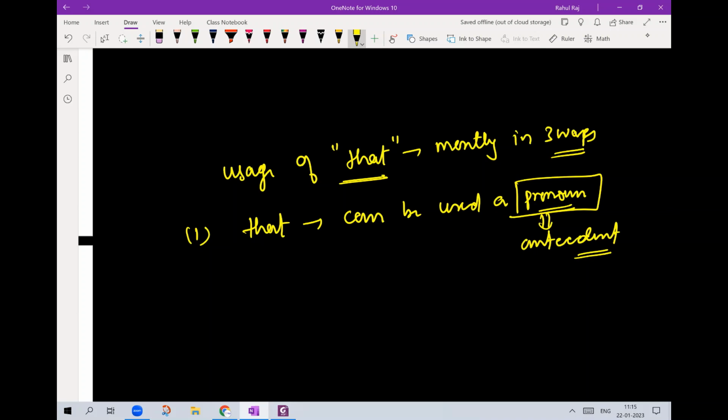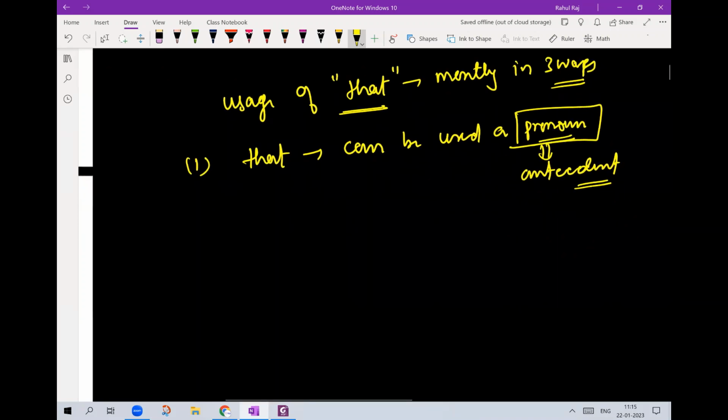So please ensure, imagine when I say, Rahul and Rohit are moving in the park and he seems to be very smart. Rohit can be a friend of yours, and you are trying to say that Rohit seems to be very smart. But if you say he seems to be very smart, what is he referring to? Rahul is also an eligible noun for he. So you cannot write a pronoun blindly.